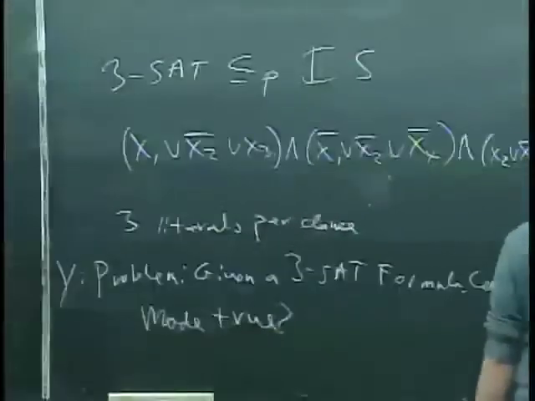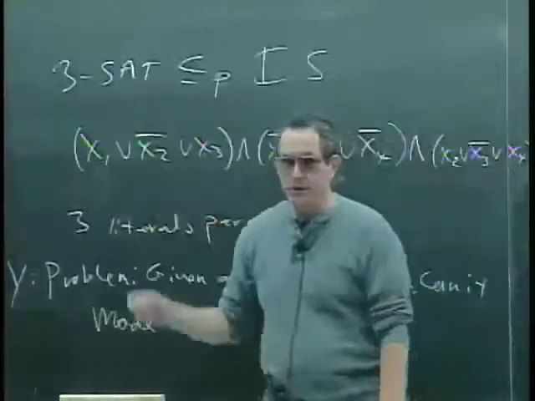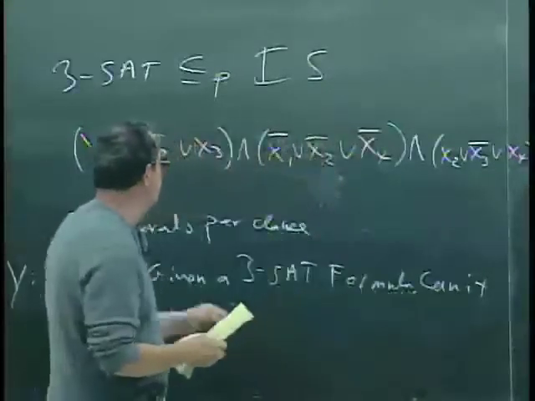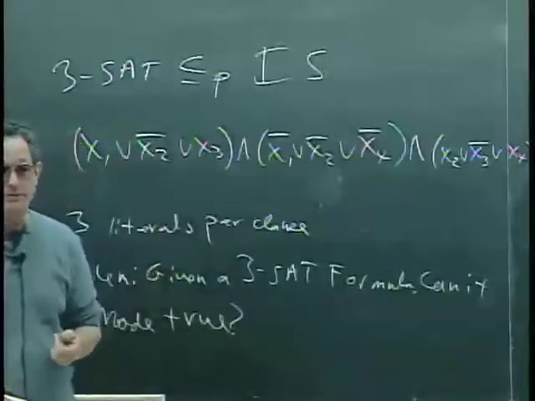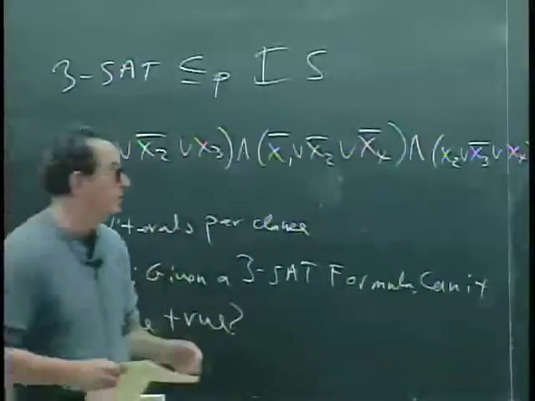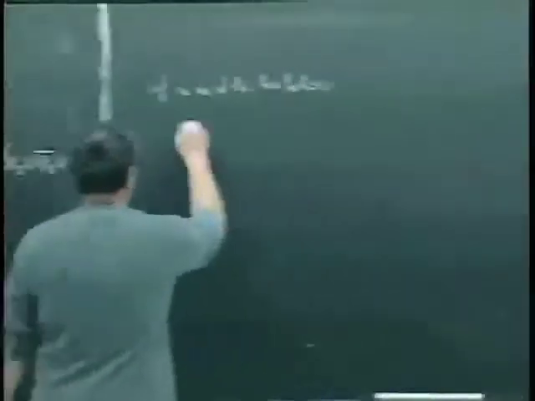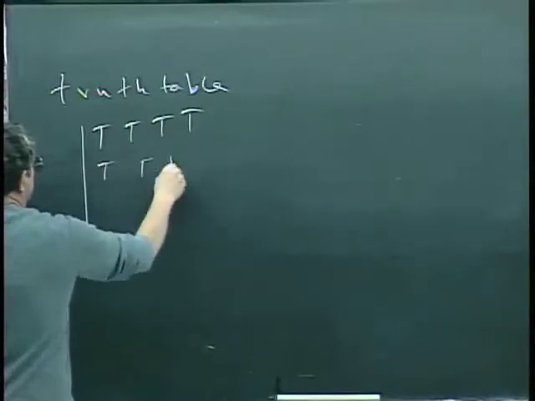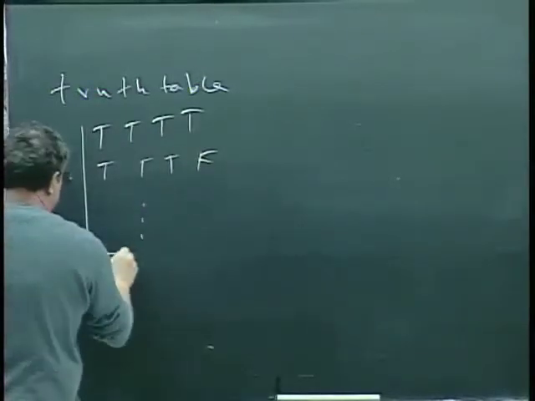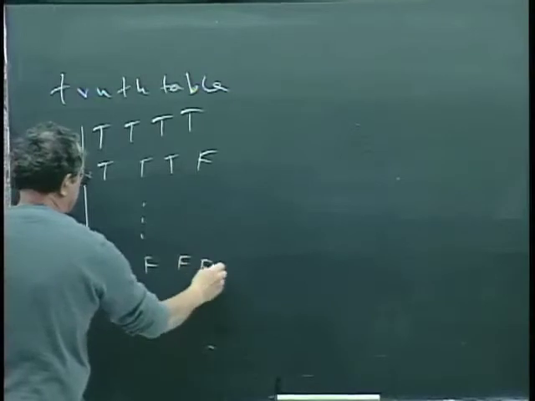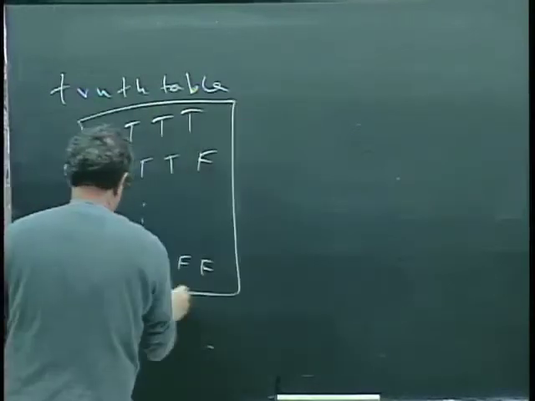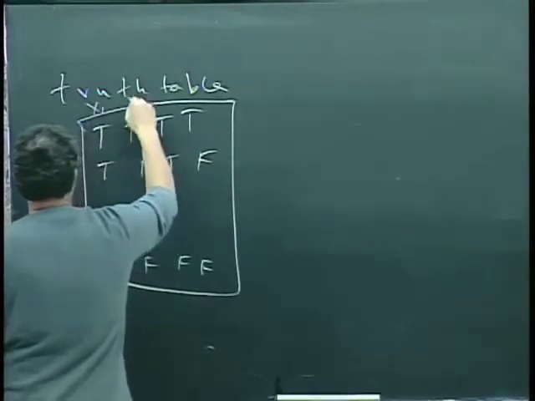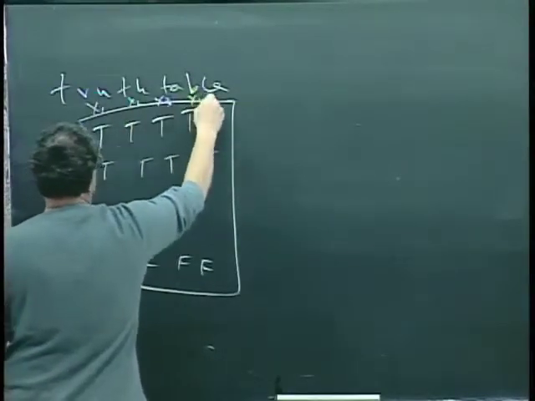For 4 variables, there are 2 to the 4th different ways of assigning true and false, and 2 to the 4th is 16. So we would have a table like true, true, true, true, then true, true, true, false, etc., all the way down to false, false, false, false.